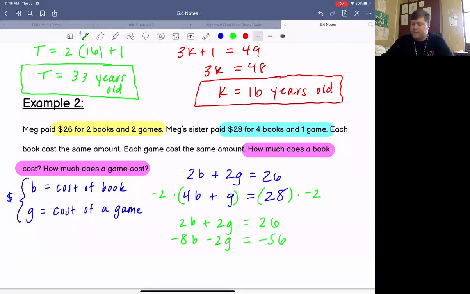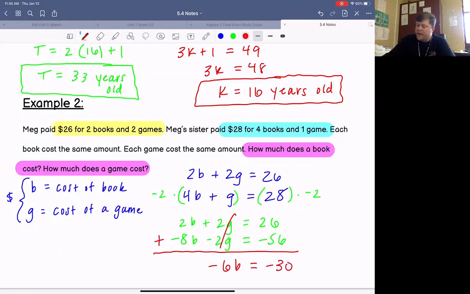So now with my green equation, I can add those 2 equations together, just like this, and my G variables eliminate. So it's going to be -6B on the left, and on the right, it's going to be -30.